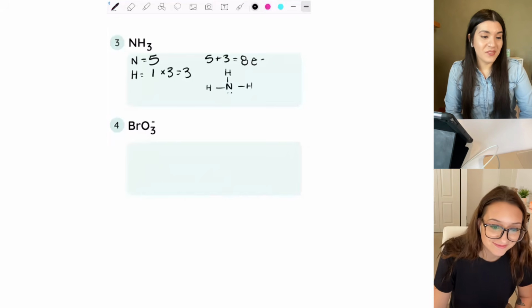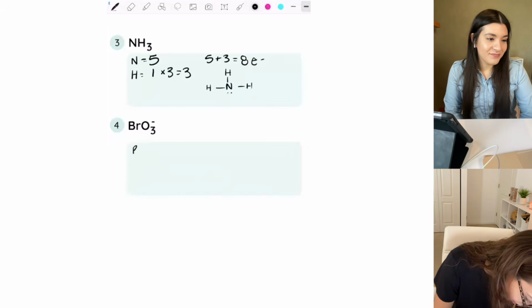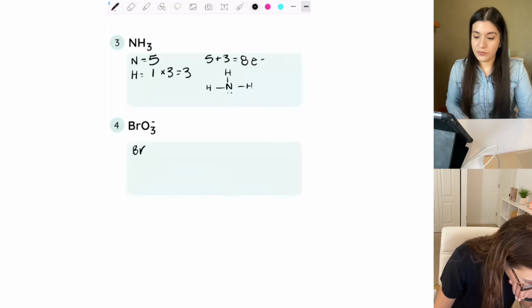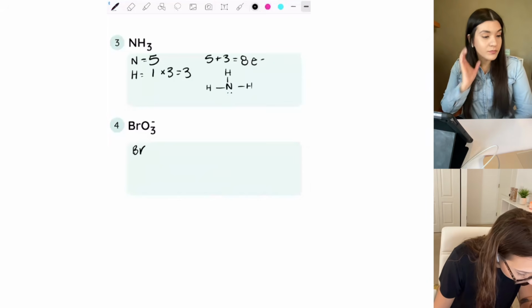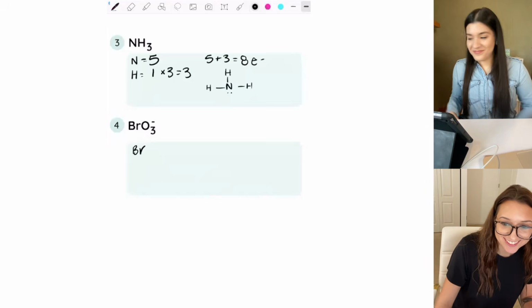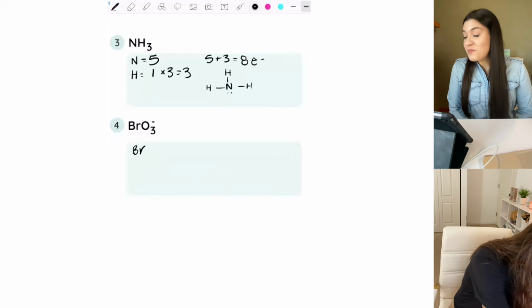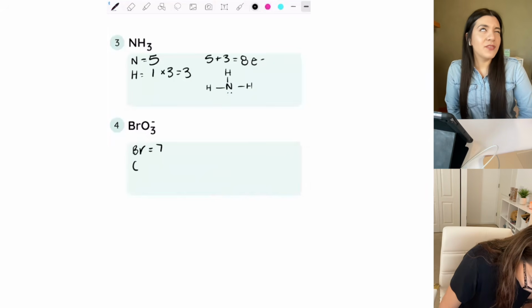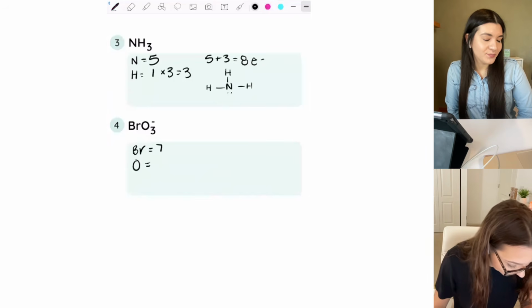Perfect. That's right. Good. Okay. This falls into our exceptions, doesn't it? It's possible. If it's needed, yes, it does. But that's only if the structure needs to have an expanded octet.